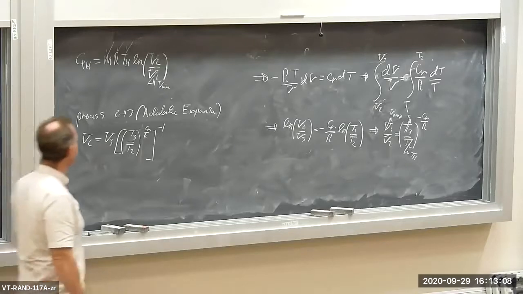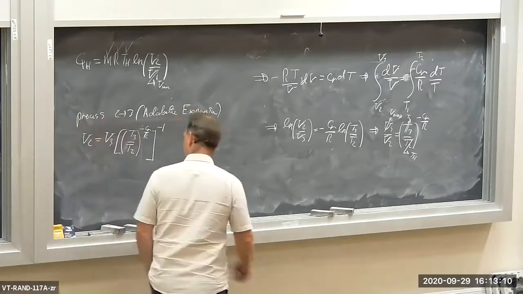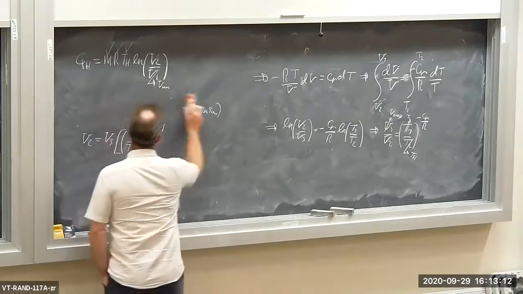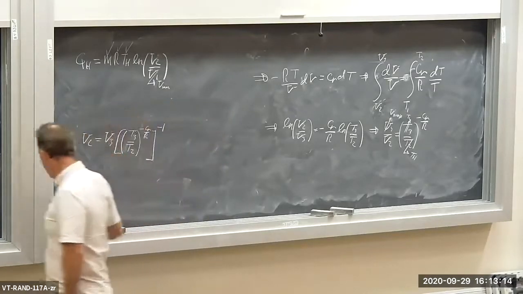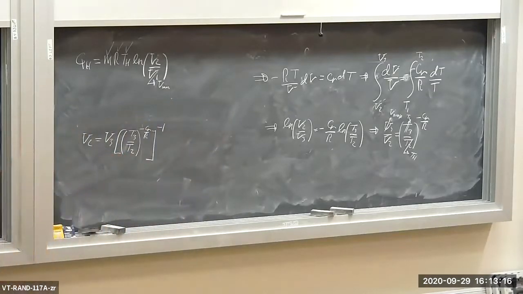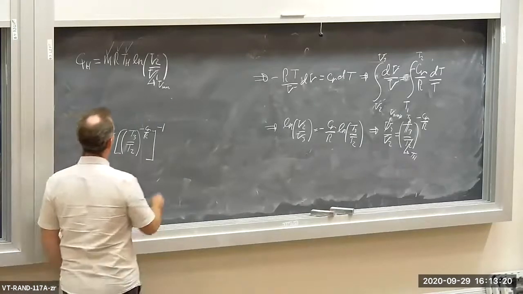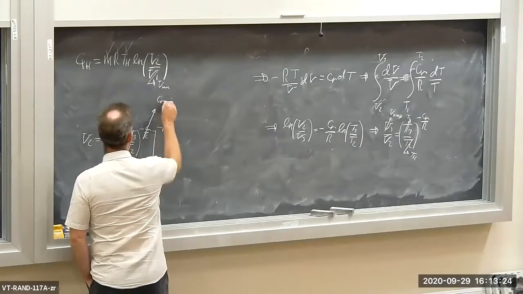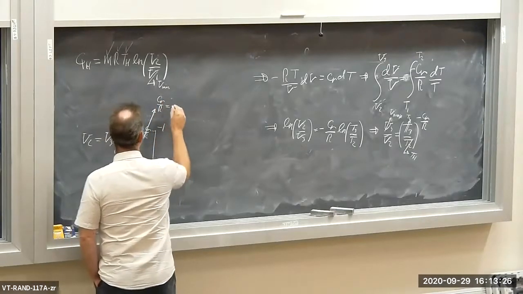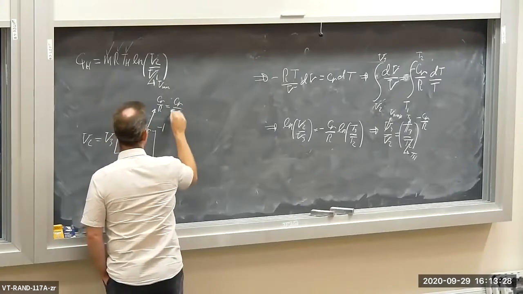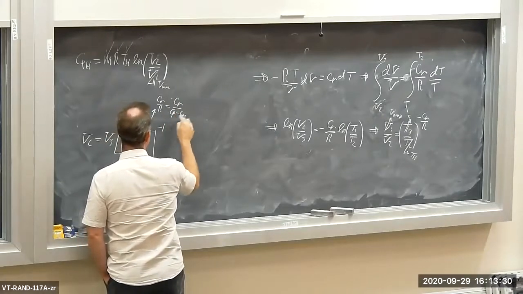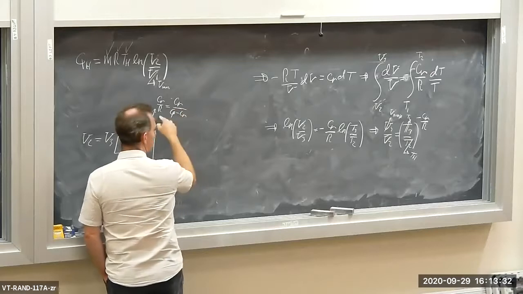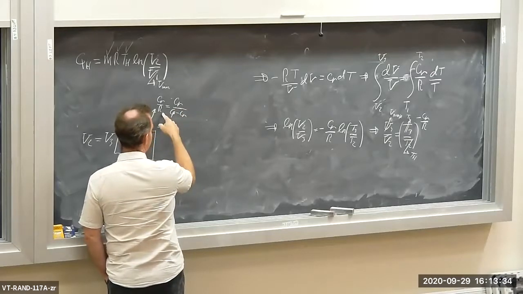Now, what's this CV over R all about? The relationship between specific heats for an ideal gas, CP minus CV is equal to R. So CV over R is actually equal to CV over CP minus CV. CP minus CV is R for an ideal gas.